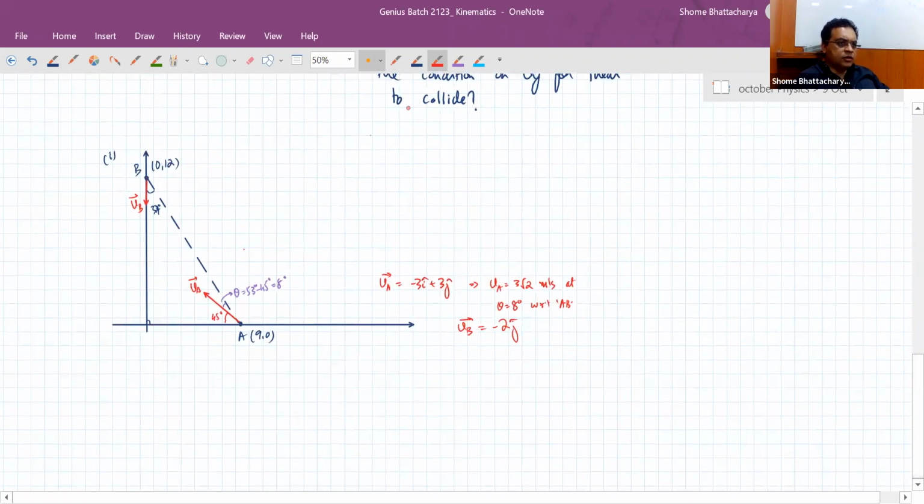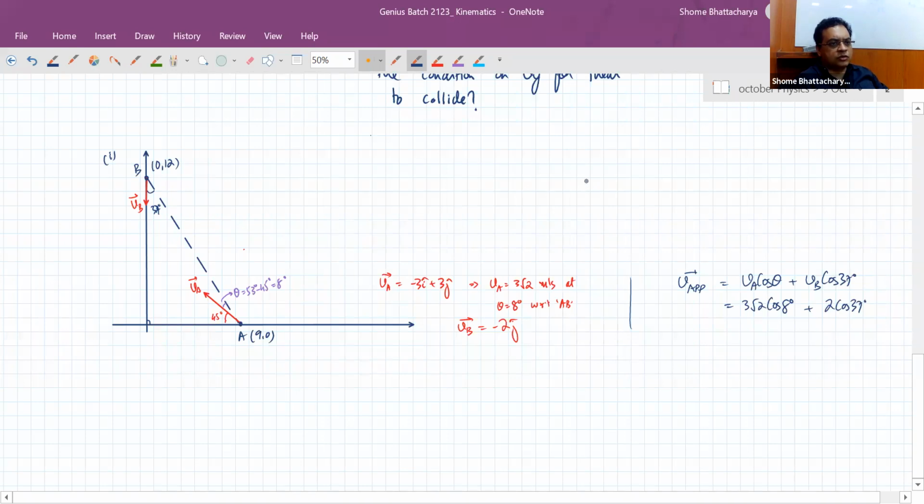So if I go with that kind of method, one way of understanding approach velocity is VA cos theta, that is the component of A towards B, plus VB cos 37, the component of B towards A. So it is 3 root 2 cos 8 degrees plus 2 cos 37.